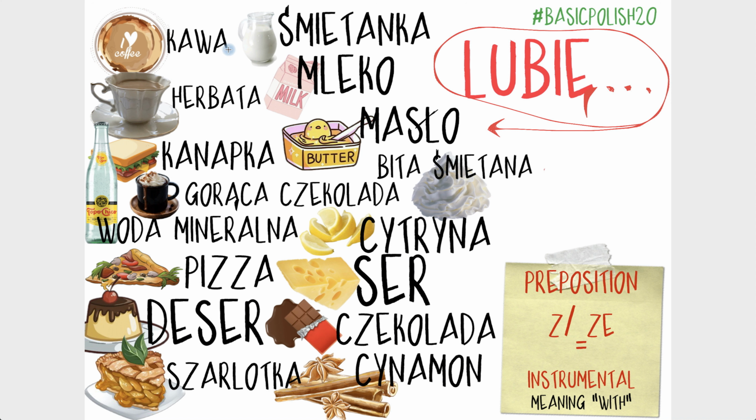So, let's practice new words and new expressions. Coffee with cream. Kawa ze, we've got the extended preposition because of this letter, ze śmietanką. Kawa ze śmietanką. Coffee with cream. Now, tea with milk.